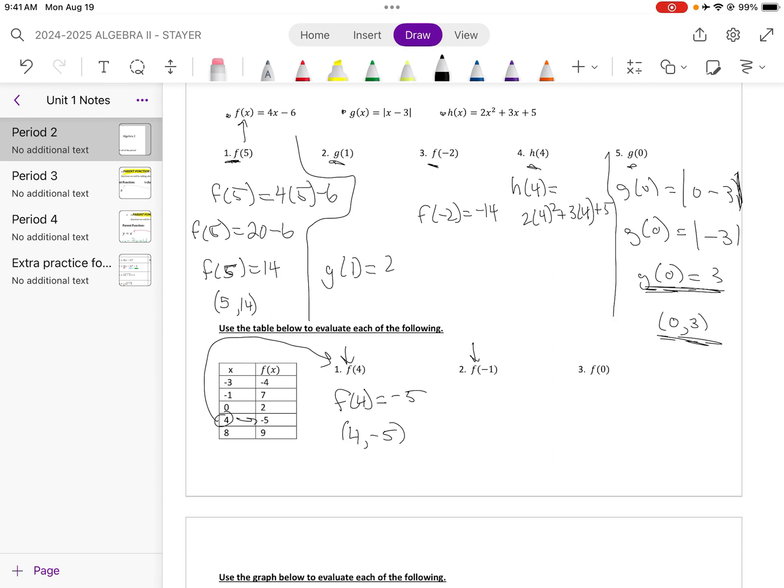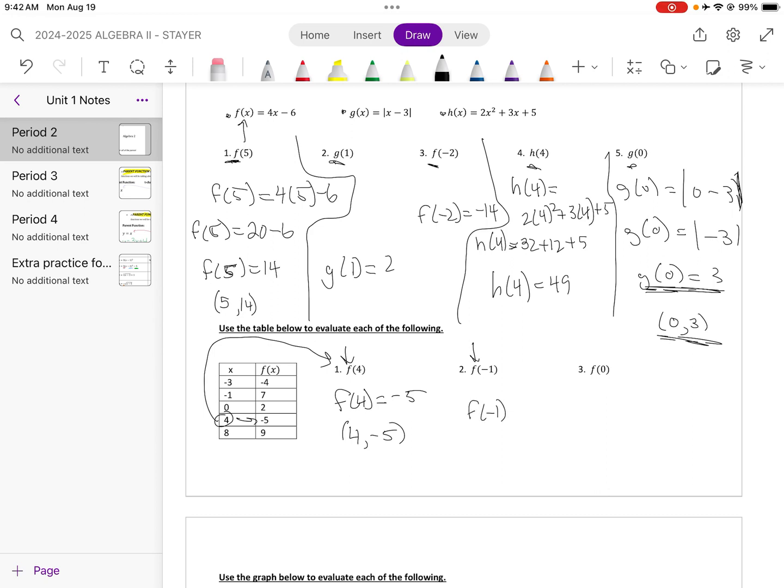And so what is that? 2 times 16, or 32, plus 12 plus 5. Again, that was just h of 4. And h of 4 equals 44 plus 5, excuse me, 44 plus 5 is 49.